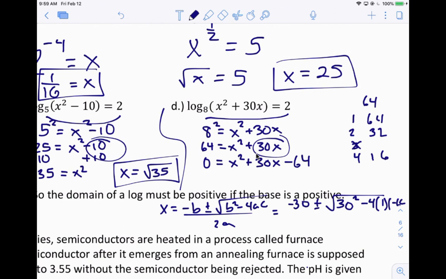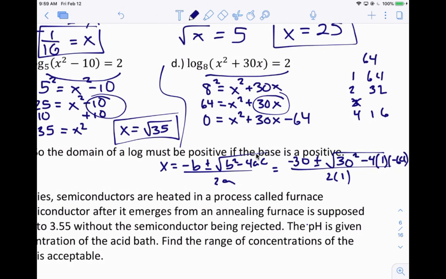And negative 64, all over 2 times 1. 30 squared minus 4 times 1 times negative 64 is 1156. The square root of that is 34. Wait, this does factor. What did I miss? Did I miss 15? No, I didn't. It's fine. Negative 30 plus or minus 34 over 2.